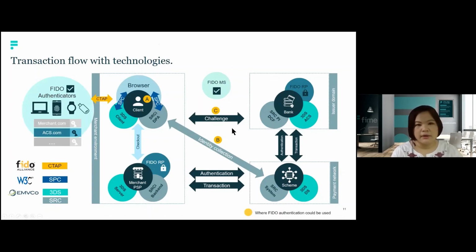So within one transaction, there are multiple steps that can be related to an authentication request. This can be improved by reducing the number of these steps so that the user experience will be better, while providing a secure way. So these three, FIDO, W3C and EMVCo, are working collectively with industry partners and their members to find a best practice solution.